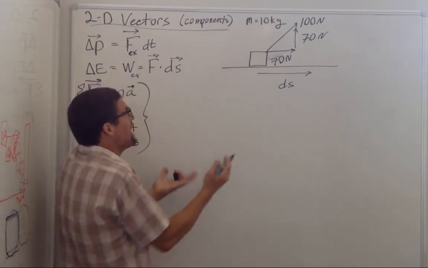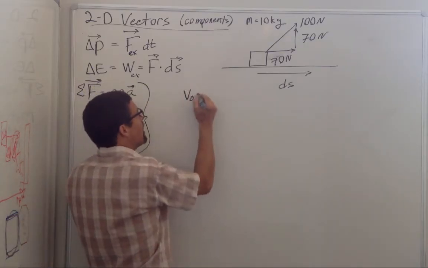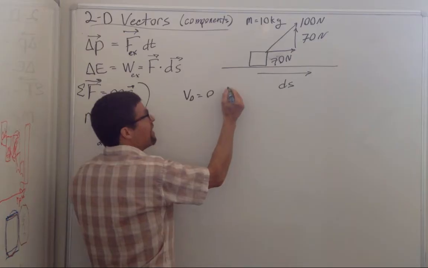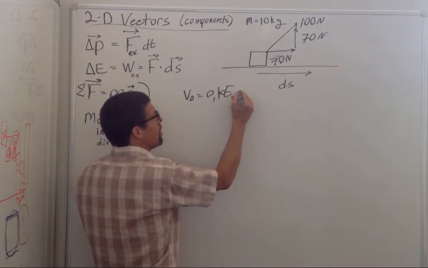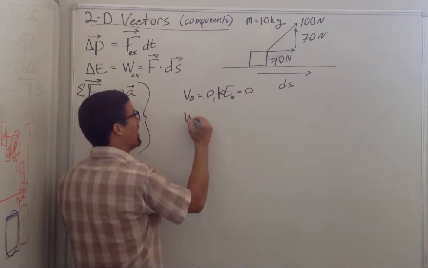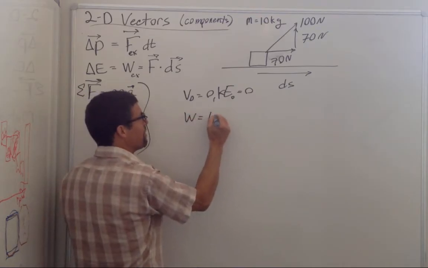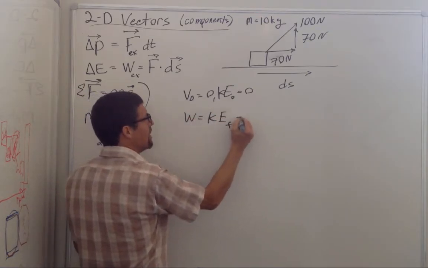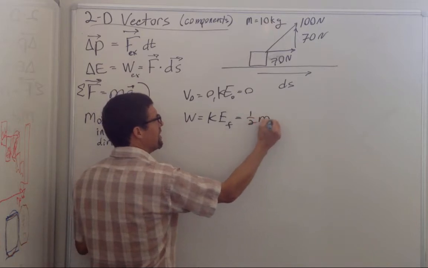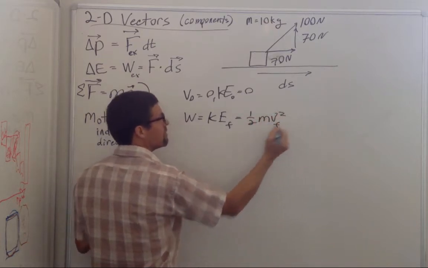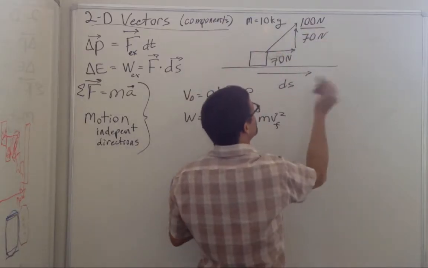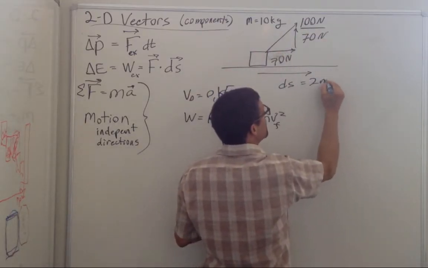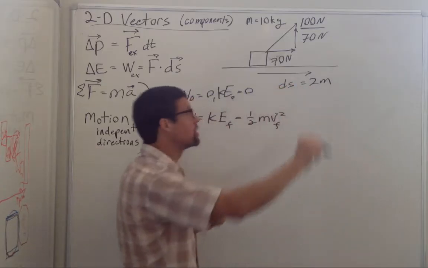And then I could say, if v naught is equal to 0, then the initial kinetic energy is equal to 0. And then the work I do on it is equal to the final kinetic energy, which is 1/2 mv squared final. So let's say I pull at this angle with 100 newtons for 2 meters in the x direction.